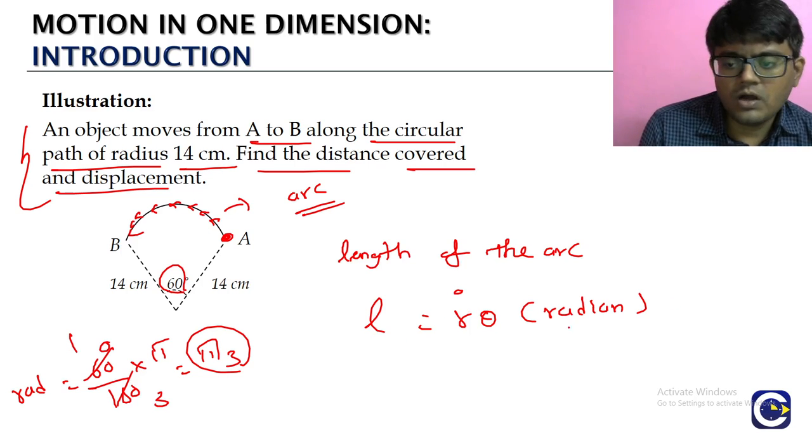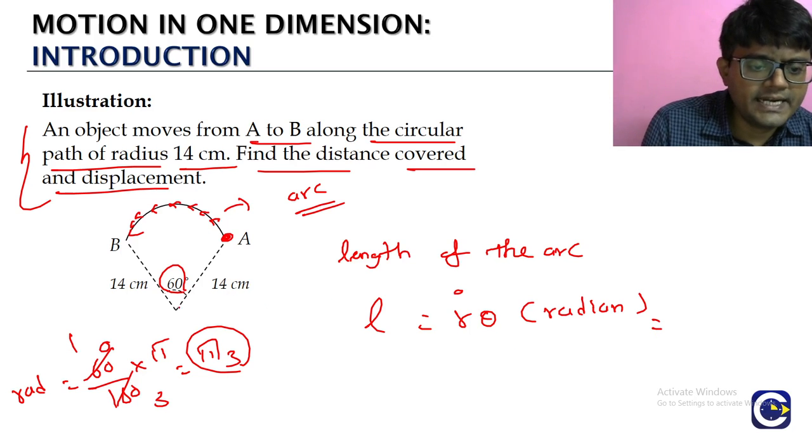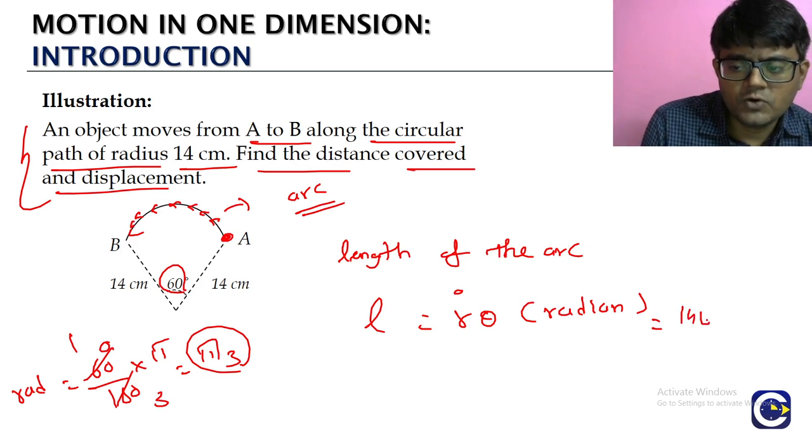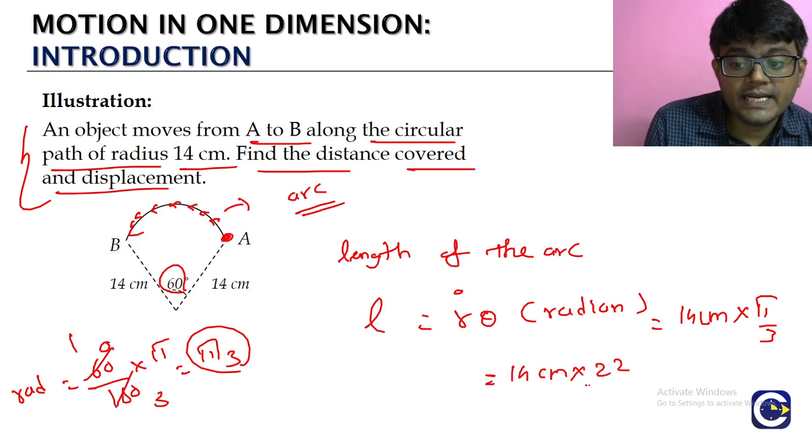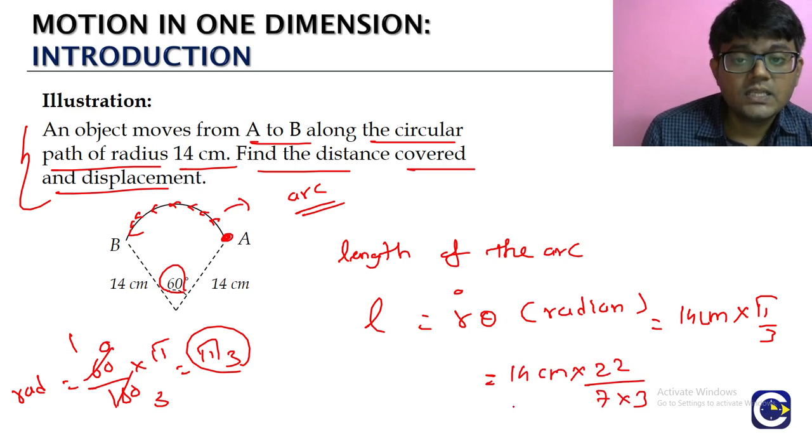Okay. So now all we are going to do is just substitute. What is the radius? 14 centimeter, right? So 14 centimeter into theta, which in terms of radians is pi by 3. Pi we can take as 22 by 7, because we see that 7 will get cancelled.